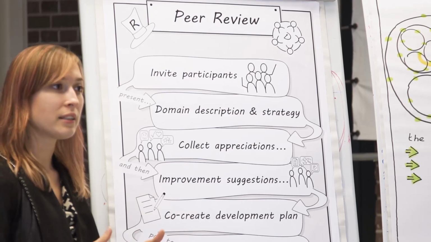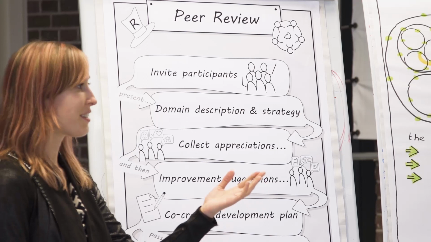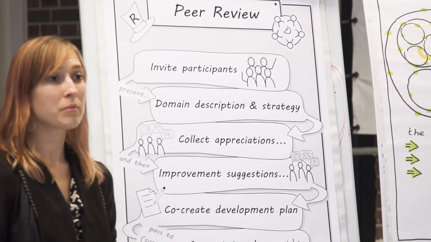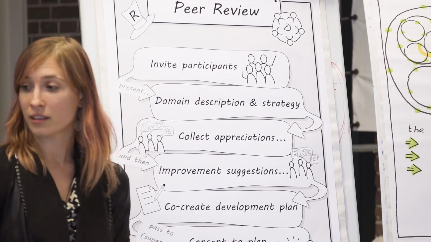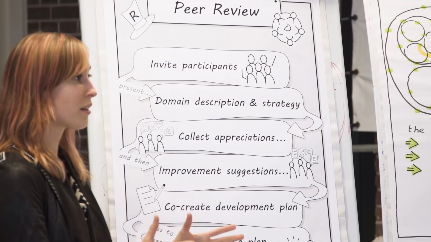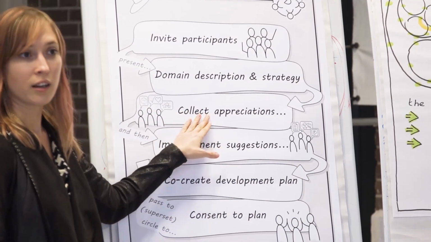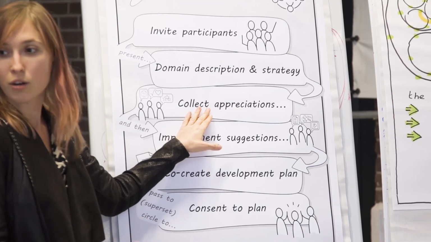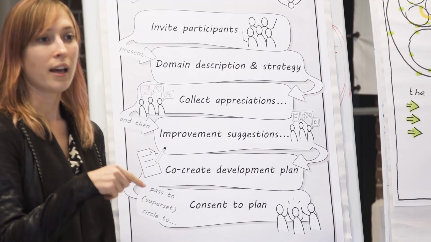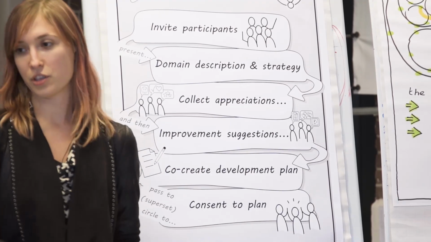And in that meeting, let's say, for example, I ask Joke, can you please facilitate this meeting for me? People might know already and think about their appreciations and improvement suggestions, and we come together and go through the steps, collect appreciations. I will start offering my appreciations for myself, and then everybody else, and we will go around until we collect all appreciations.